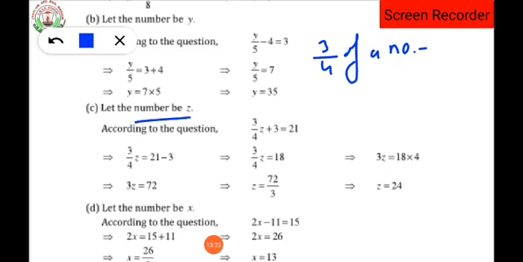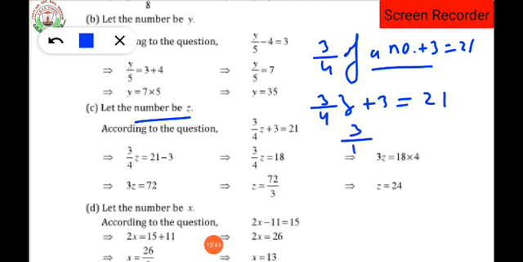Added 3 to it, this will be added to get 21. So this is the equation. So let the number be z. So 3 by 4 z will be added with plus 3 to get the number 21.